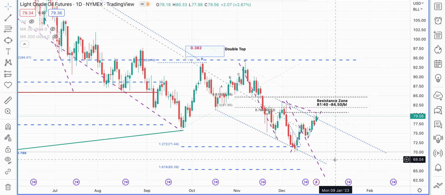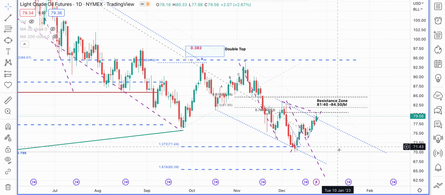We are looking at about $65 to $64 a barrel, perhaps even a little bit lower. That is also a possibility. However, on the upside, if the resistance zone is broken to the upside, at least on 2 consecutive daily closes, then we'll have to change our bias to the long side. So this is what we are watching in the crude oil market.